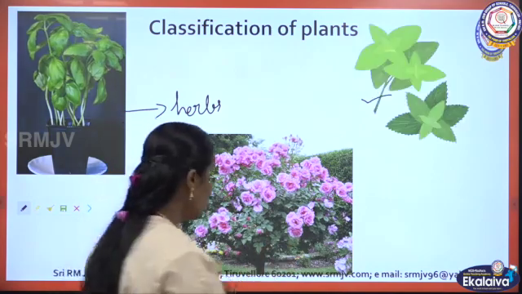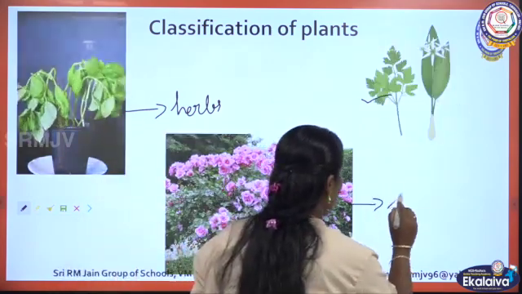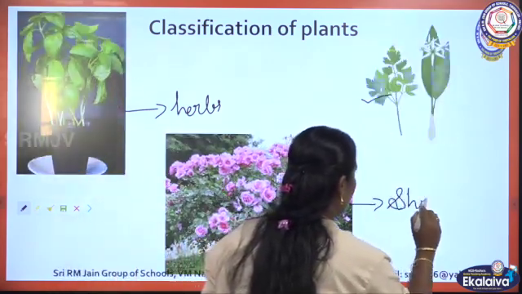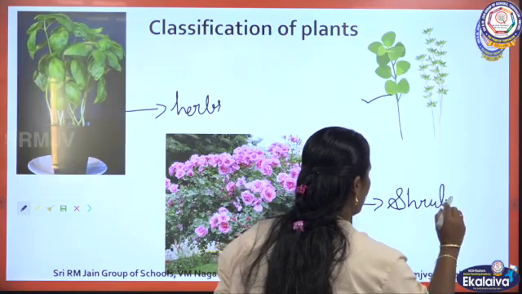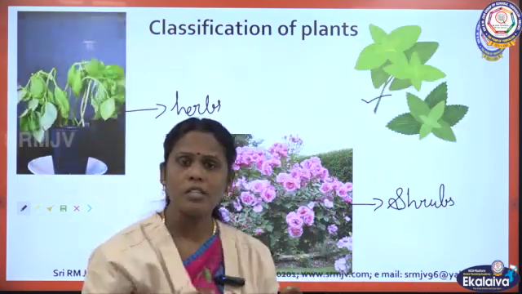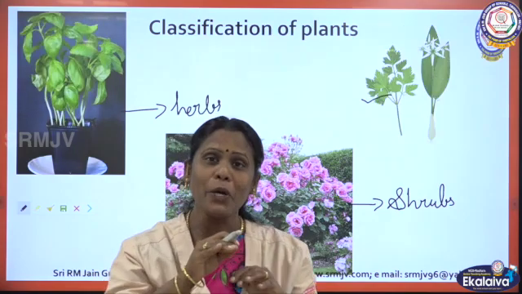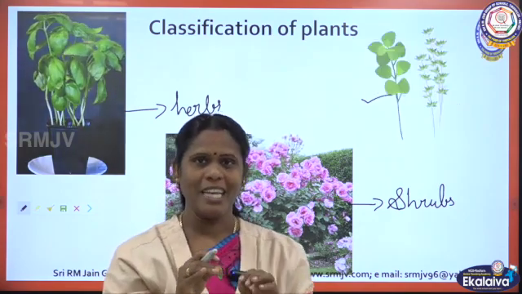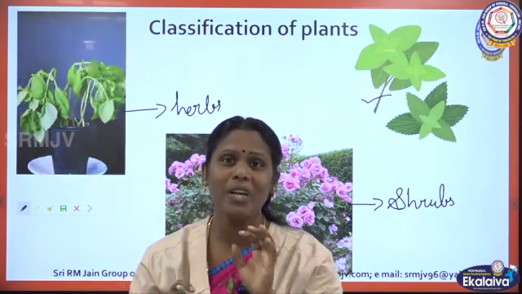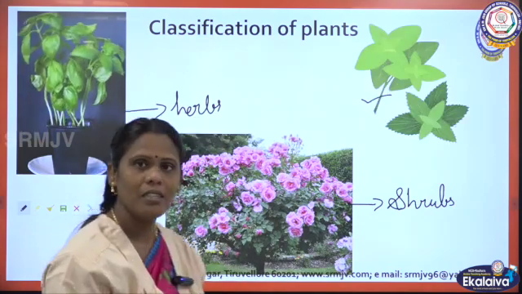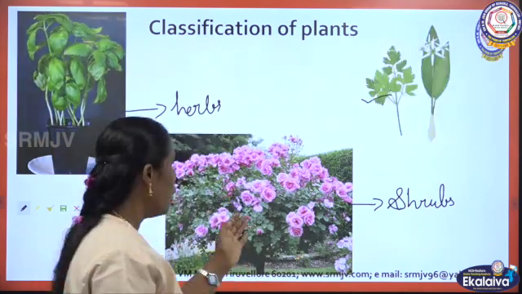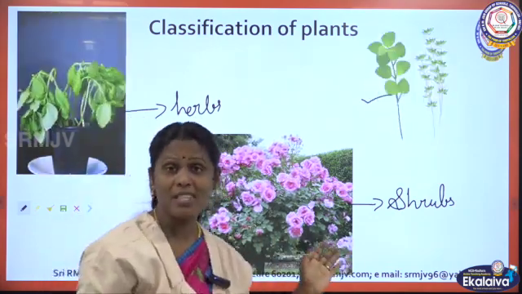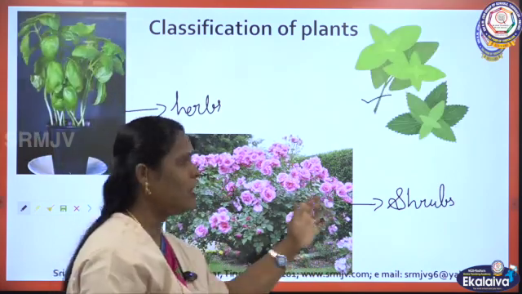Next, shrubs. Shrubs are medium sized. They have a little woody stem. Rose and hibiscus are examples of shrubs.